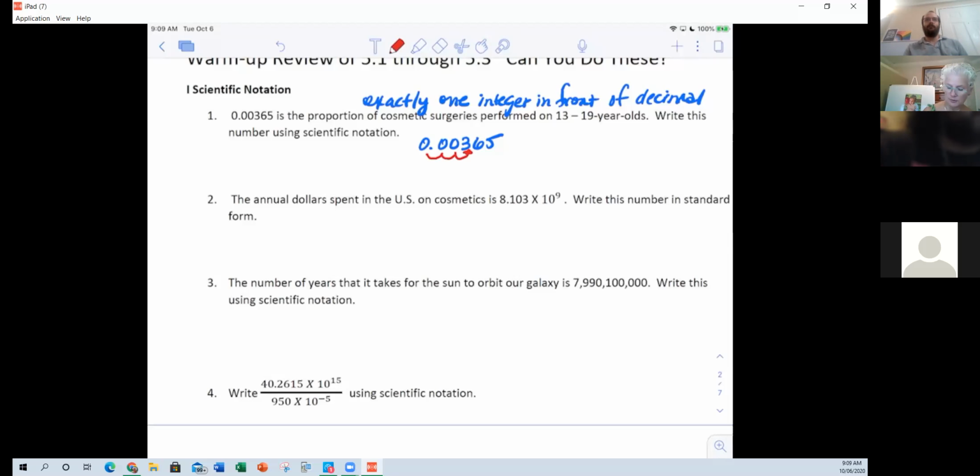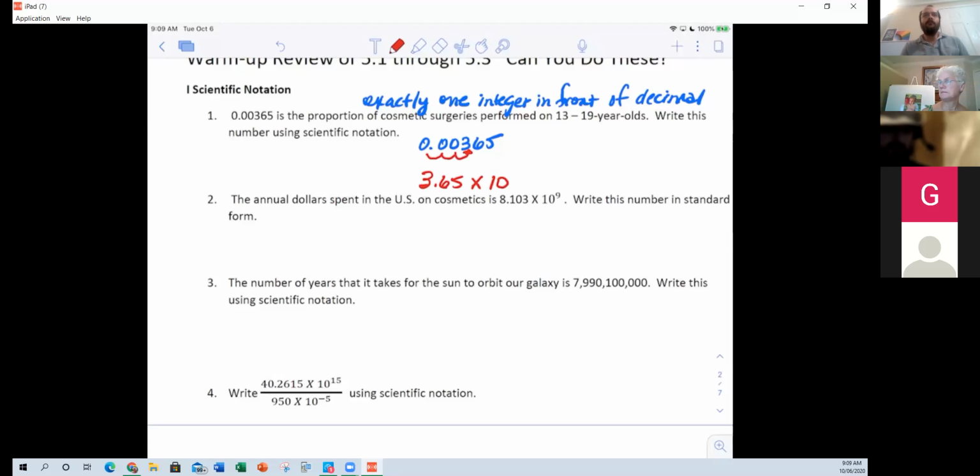So that would be 3.65. And then to make it equal to the original number, we would multiply it by 10 to what power? Three. Yes, 10 to the third. Okay, we're going from a very small number to a larger number. So that means we have to multiply by a positive power on the 10.